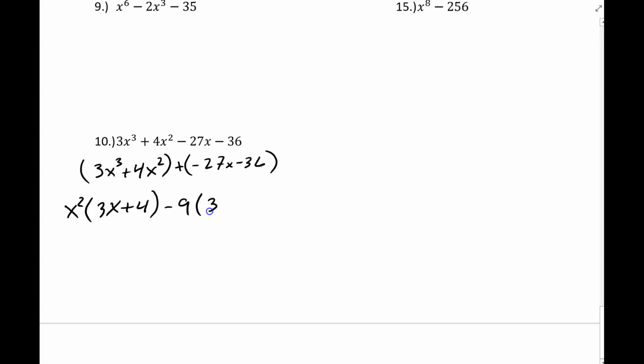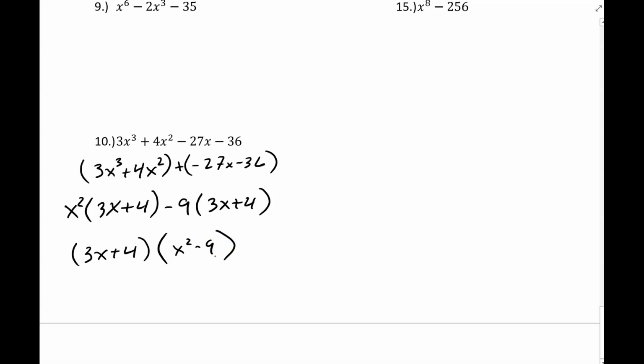So when I factor that off, I'm left with 3x plus 4. And now if I look at this in totality and look for a greatest common factor, we see the 3x plus 4 is in common to both terms. And that leaves us then, when we factor that off, with x squared minus 9.